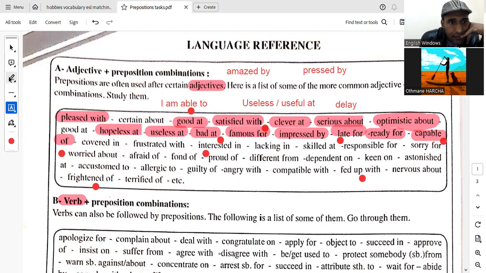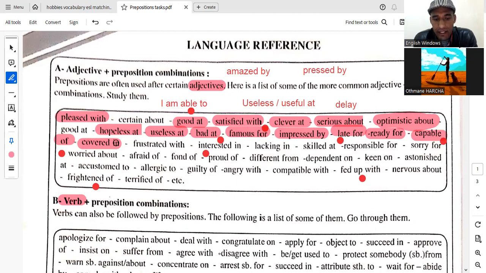Yes, good. Let's move to the next one, covered in. Covered in. So what do you think here is covered in? Someone who's open-minded? What is it?